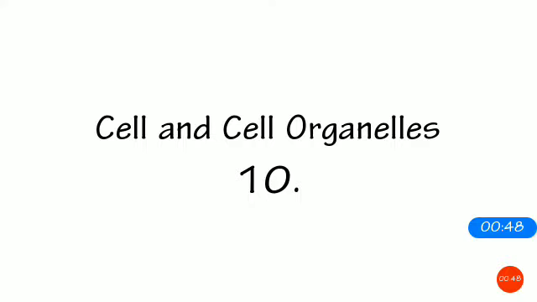When we talk about the cell, first of all, do you have any idea what a cell is and what cell organelles are? Maybe you learned this in an earlier standard, because there were some lessons based on that. Everything that is matter is made up of something, isn't it?